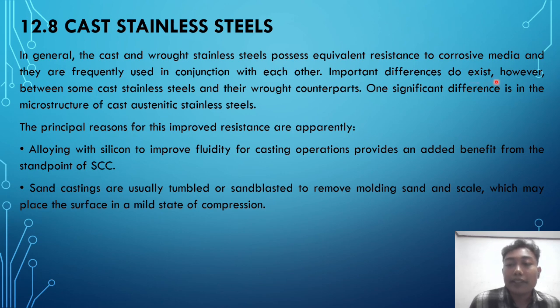Important differences do exist, however, between some cast stainless steels and their wrought counterparts. One significant difference is in the microstructure of the cast austenitic stainless steels. Alloying with silicon improves fluidity for the casting operation. Sand castings are usually blasted to remove molding sand and scale, which may place the surface in a slight state of compression.